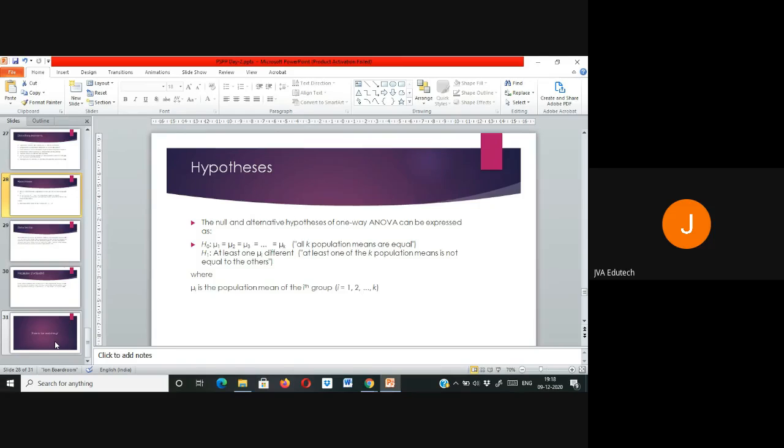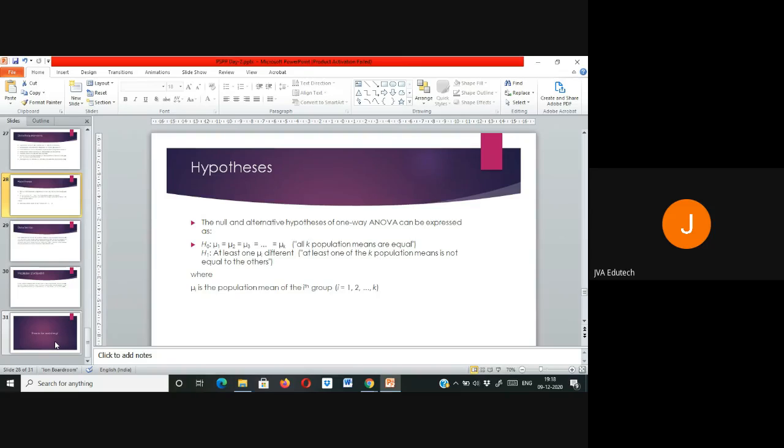Then you have the alternate hypothesis, which says that at least one of the means is different. Or you can say at least one mu i is different, where mu i is the population mean of the ith group. i could be one, two, three, four, or let's say the third group's mean value, or the fourth group's mean value is different.